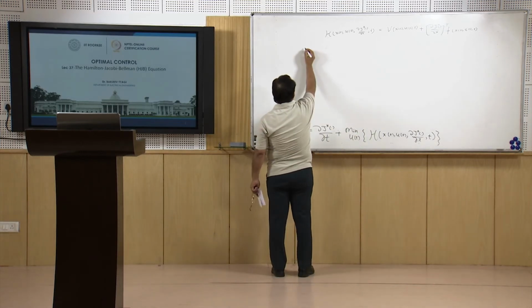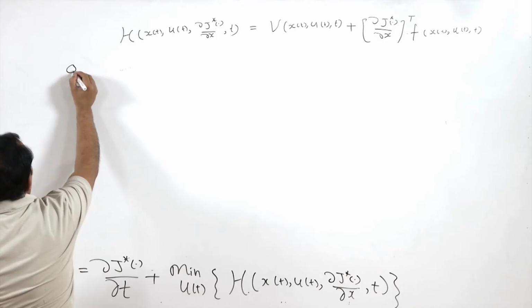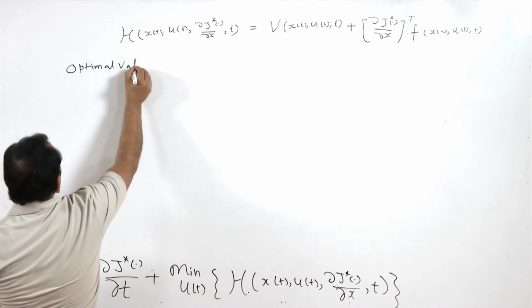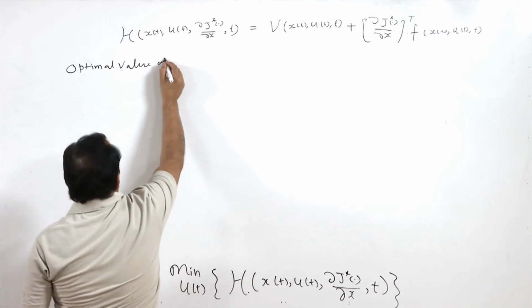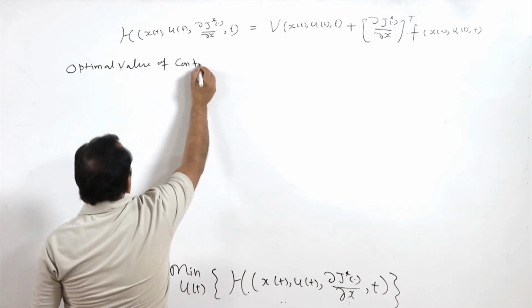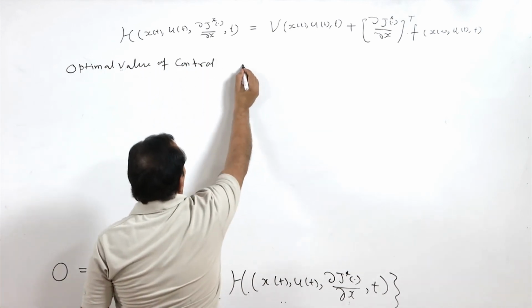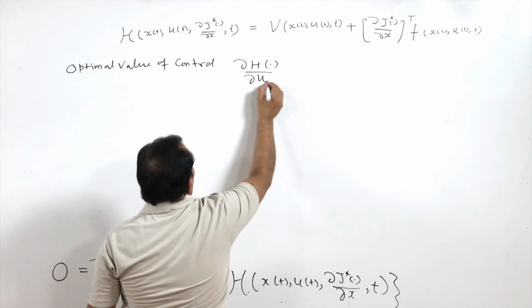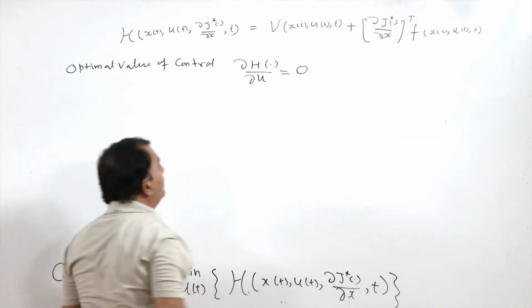So, for the optimal value of control, we have del h by del u equal to 0.